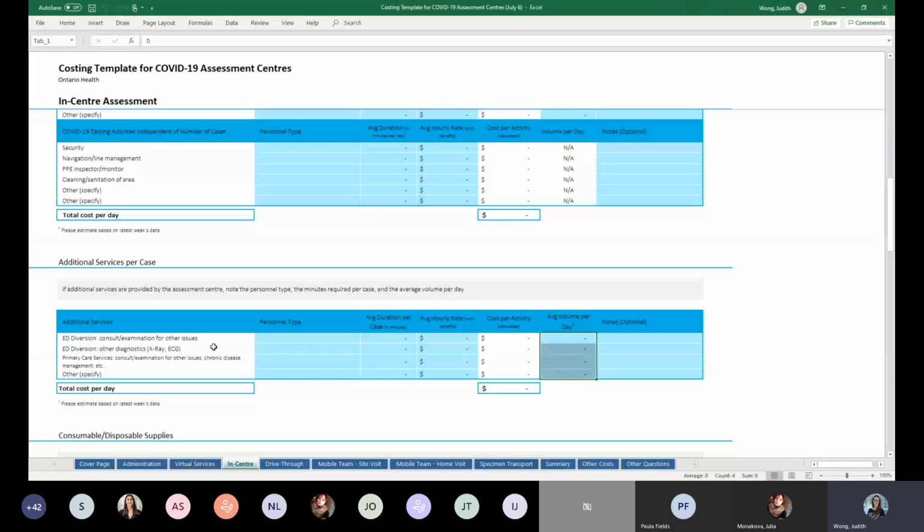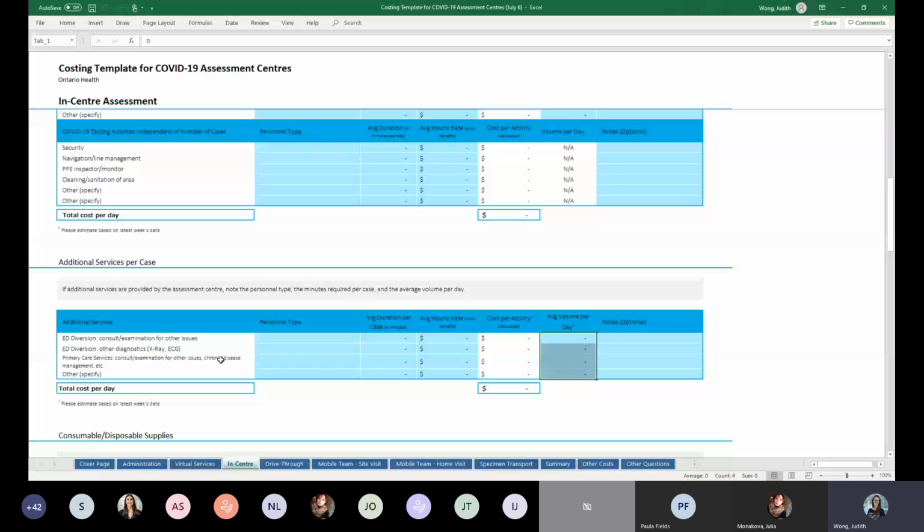So in our interviews, there are some assessment centers that have, as part of their mandate, explicitly one of their goals is offering ED diversion services. So they have additional staff or staff doing a few different roles. And if that doesn't apply to your center, please leave it blank.